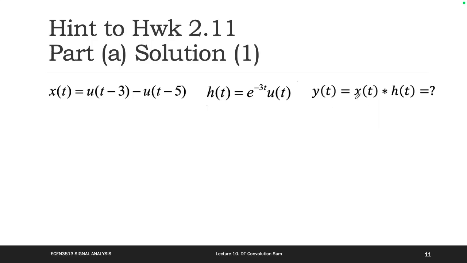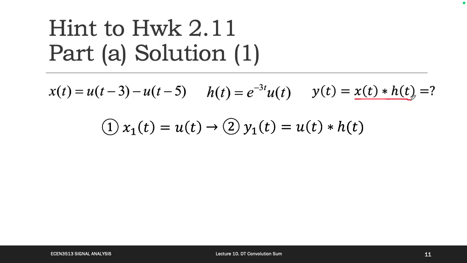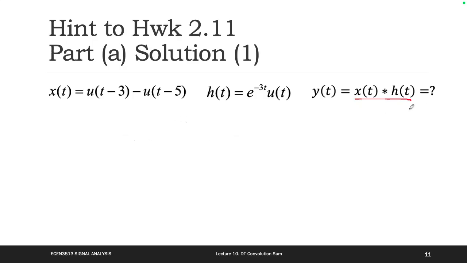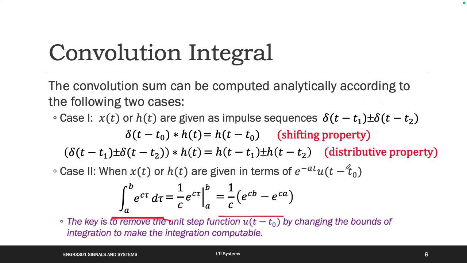We know the output equals x(t) convolved with h(t). Based on what we have talked about, we can now use case one, am I right? Because it is not just a simple impulse sequence.